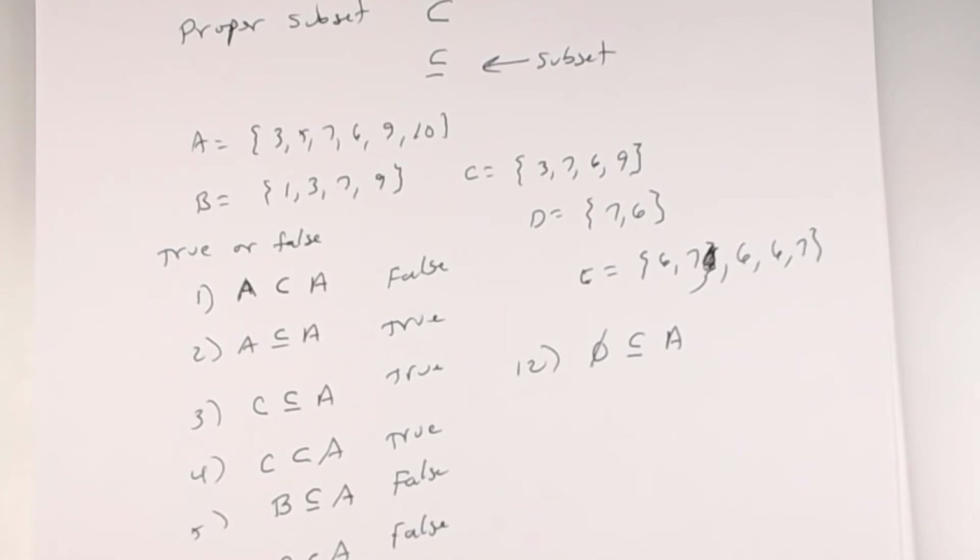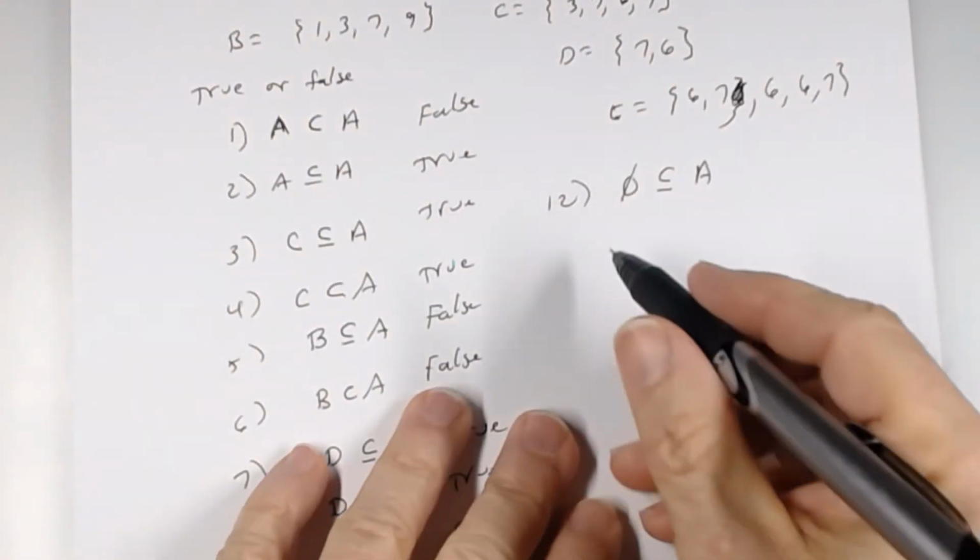In order for a set to not be, listen carefully to the words, in order for a set to not be a subset of another, you have to find at least one element of the set that doesn't work. I'm going to draw it this way.